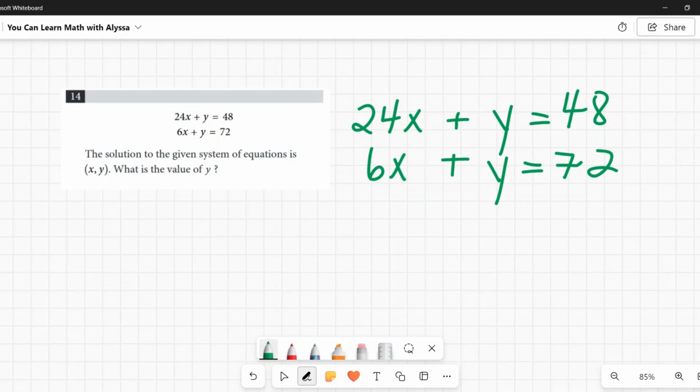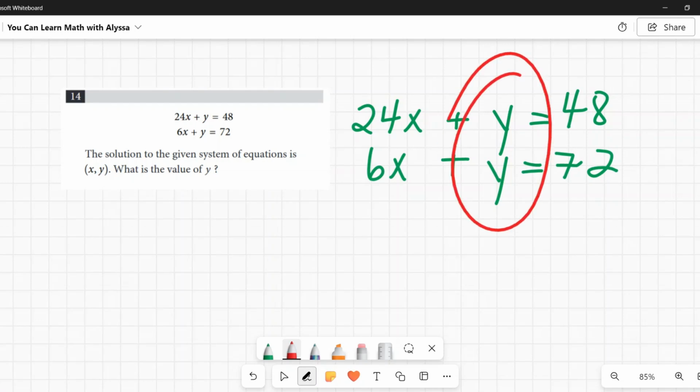But I want you to have the knowledge to do substitution or elimination for those problems where the graphing takes longer. If you have all the tools in your toolbox at your disposal, then you can decide what's the fastest for any given problem, and you're not reliant on that calculator, which sometimes takes longer. Okay, so for this, I'm going to use elimination.